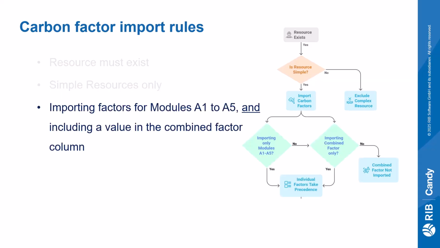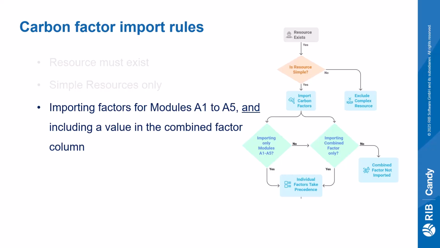When individual carbon rates, that is rates for columns A1 to A3, A4 or A5, are imported, Candy sums them to populate the A1 to 5 total or combined column. If only a summarized total rate for the combined column A1 to A5 is provided, it can be imported directly into the A1 to A5 total column as a plug rate.